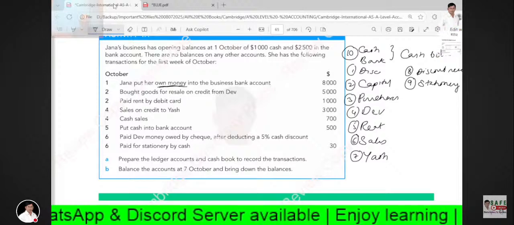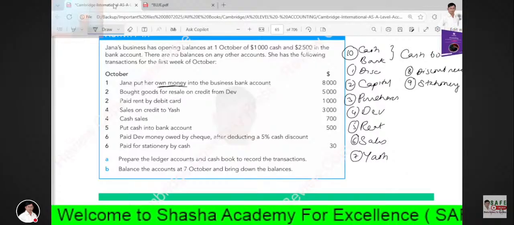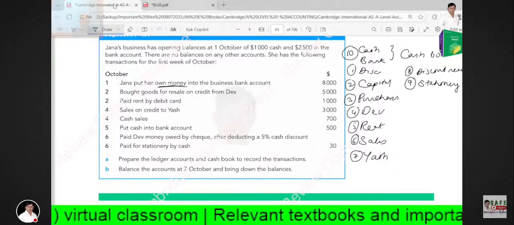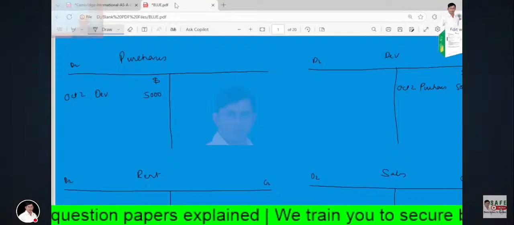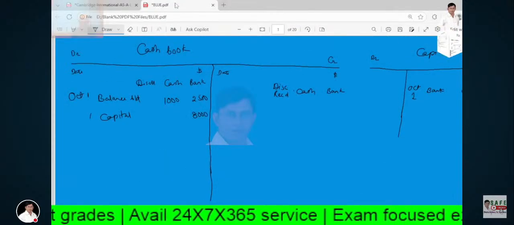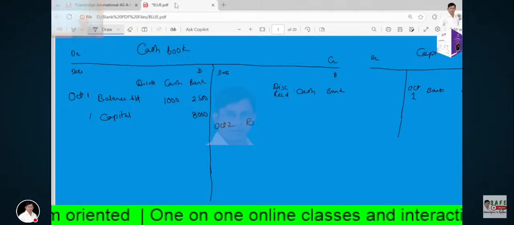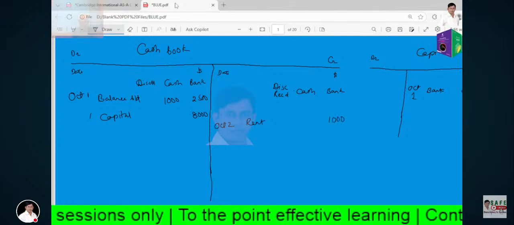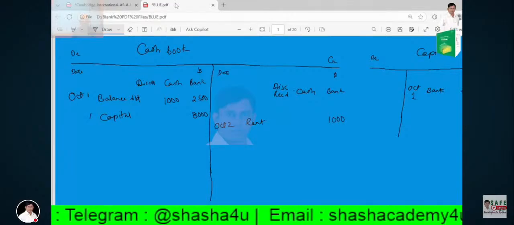Rent 1,000, on the second. Money has gone out from the bank, so it will come on this side.